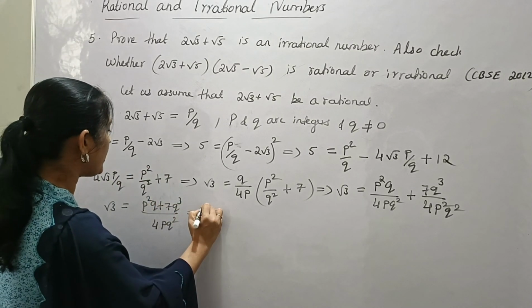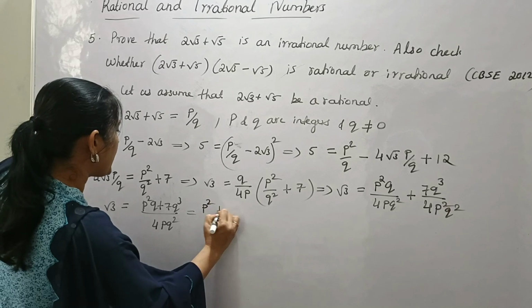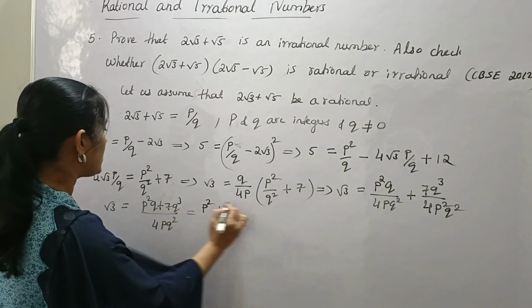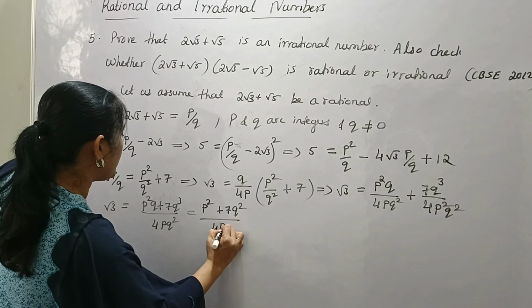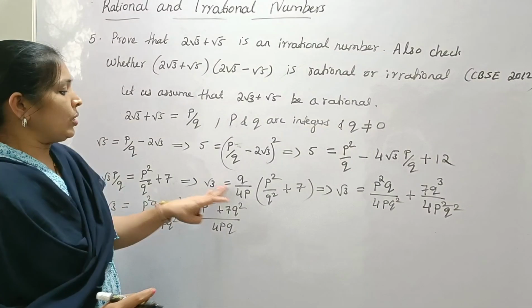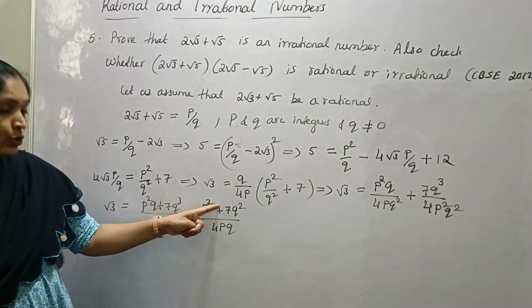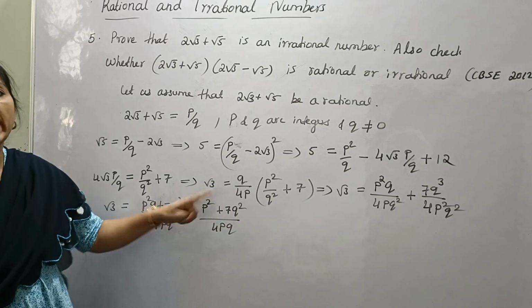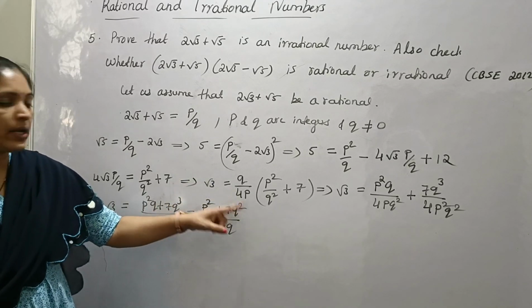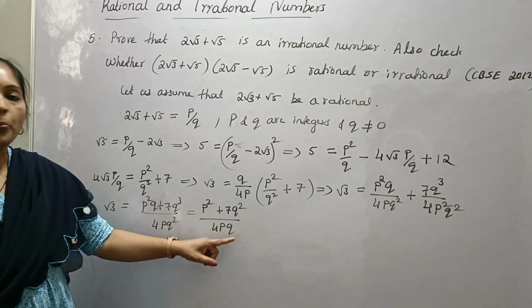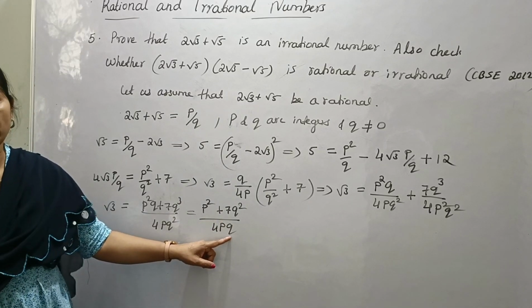So here p square plus 7q square divided by 4pq. So it's an integer, right? Numerator and denominator both are integers. Therefore, p square plus 7q square divided by 4pq is rational.